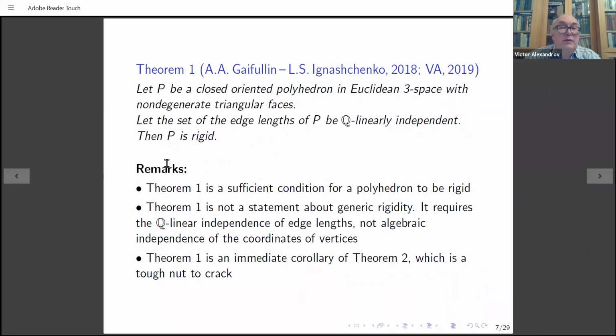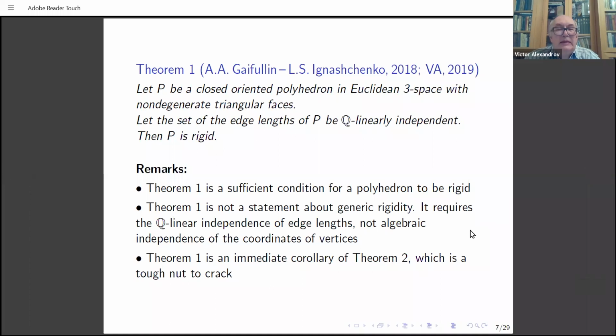Yes, I want to give some remarks to this theorem. Obviously, Theorem I is a sufficient condition for a polyhedron to be rigid. The second remark says that Theorem I is not a statement about generic rigidity.